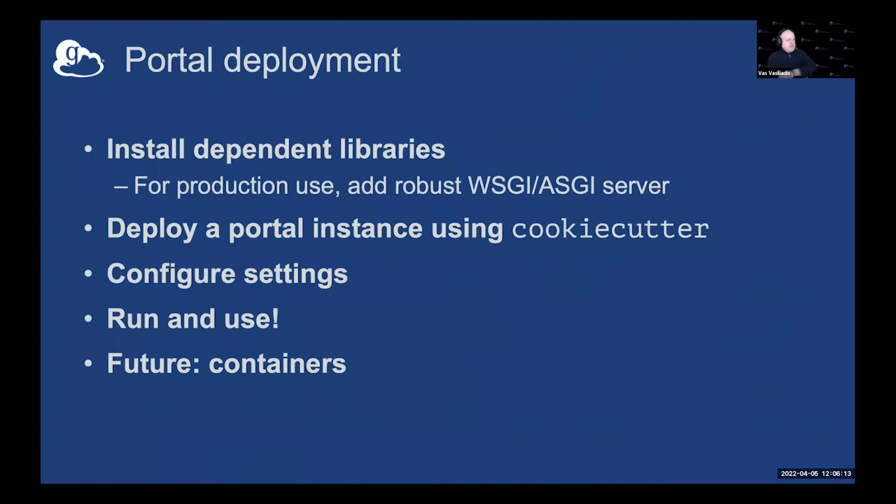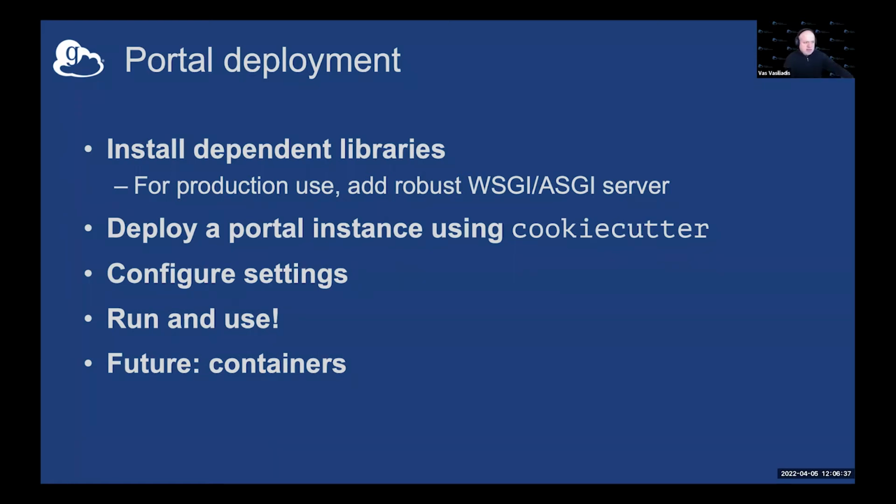Yes, I do want to stress this sub bullet on the top point, which is that the way we've deployed this portal is adequate for experimenting, just finding your way around things, and starting to build things, but it's certainly nowhere near appropriate for production use.